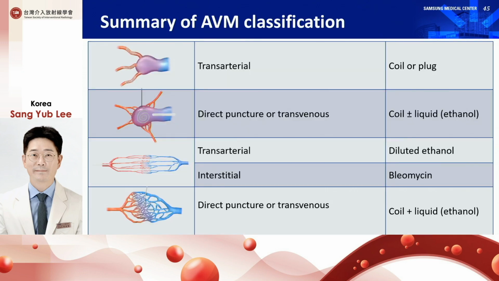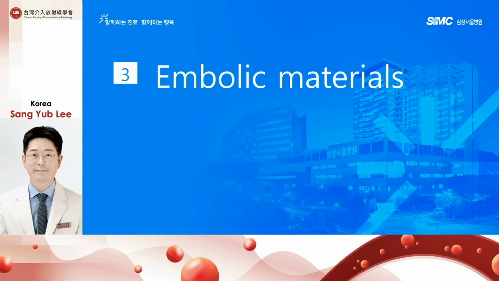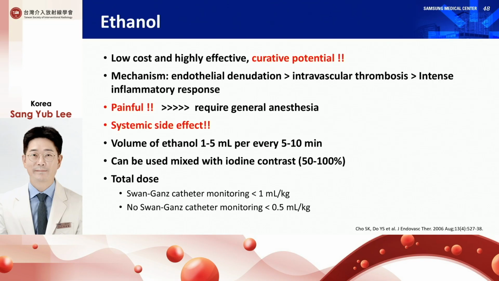This is the summary of the classification. Embolic materials: we use coils to embolize the venous side, and only transarterial embolization is considered in type 1 AVM.